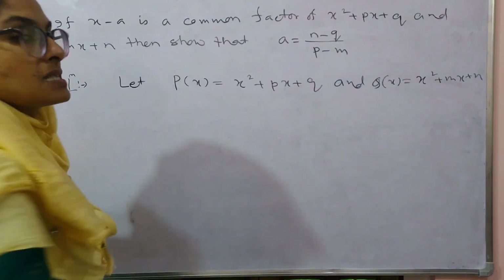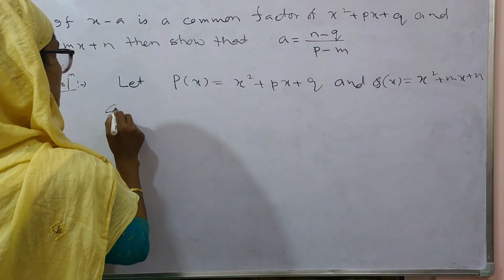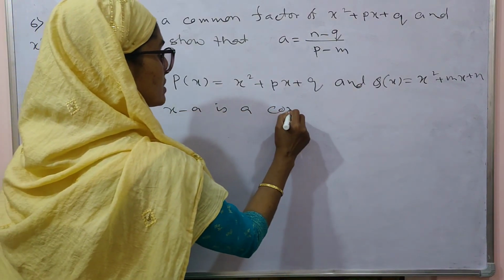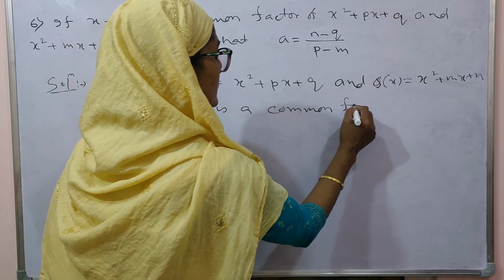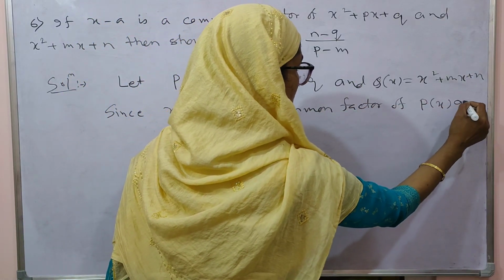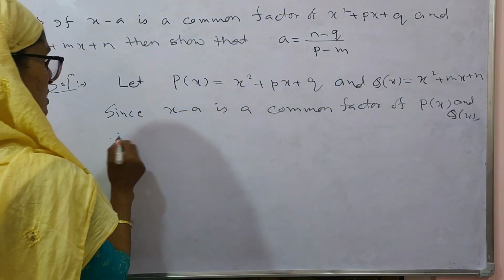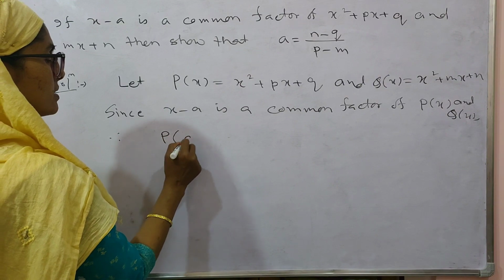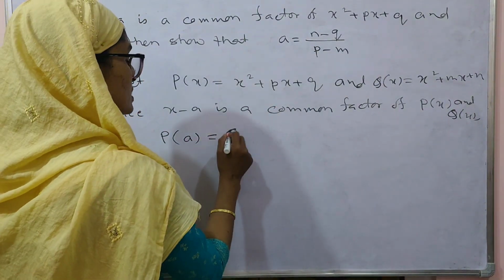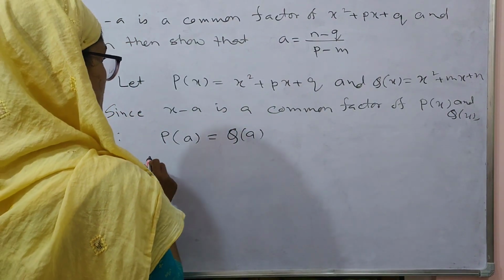Since x minus a is a factor, therefore P(a) equal to 0. Since x minus a is a common factor of P(x) and Q(x), therefore P(a) equal to Q(a) equal to 0. So no need to write 0, just write P(a) equal to Q(a).